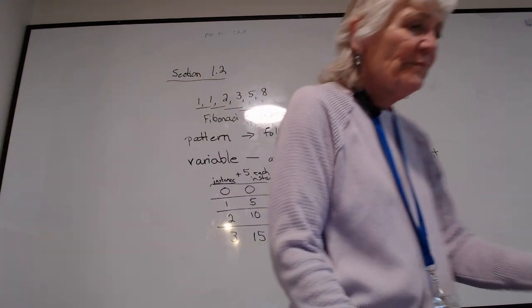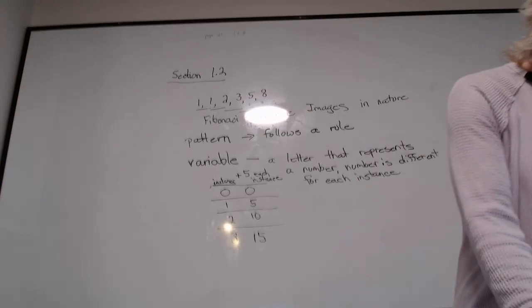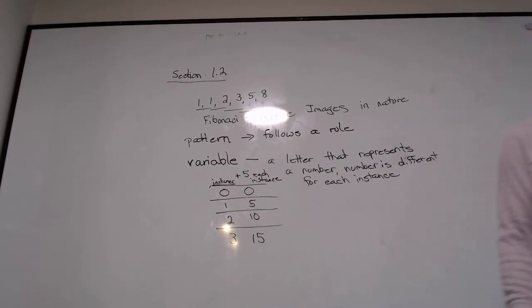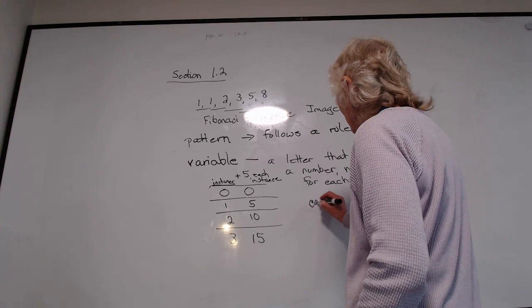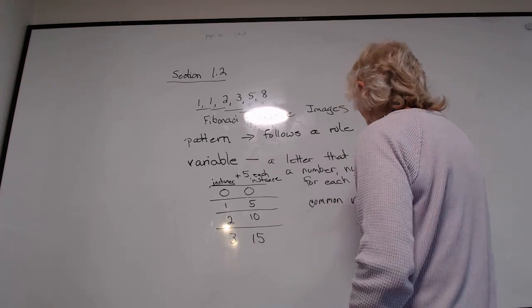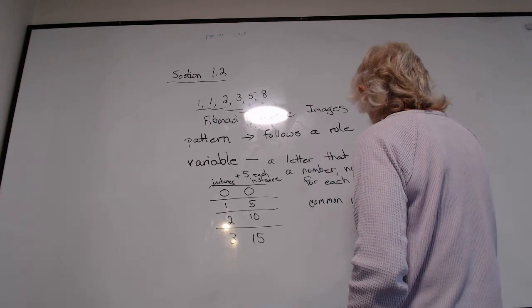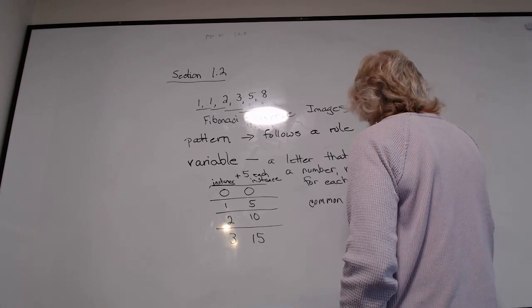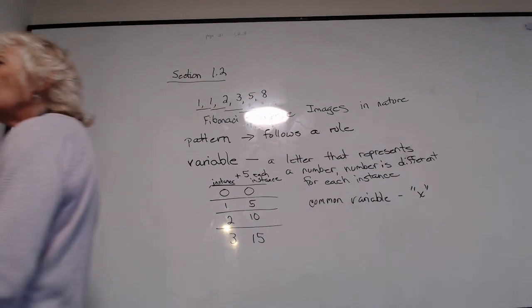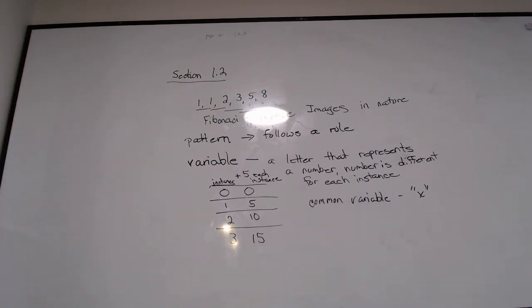Okay. So when we put a variable in, the most common variable we use is what? X. In algebra, the most common variable we use is X. So why then can't we use the multiplication sign anymore? Because that's an X. The multiplication sign is also an X. So we throw the multiplication sign out and we define multiplication to be something different.